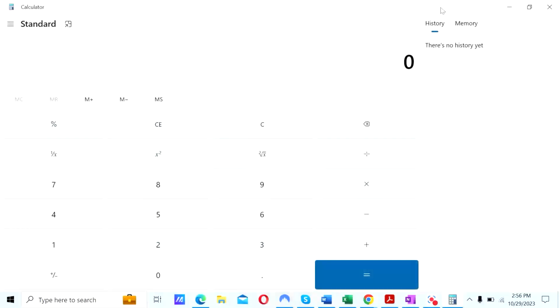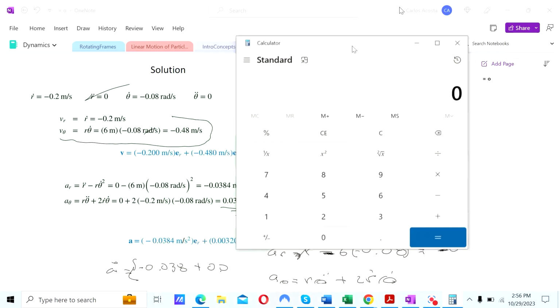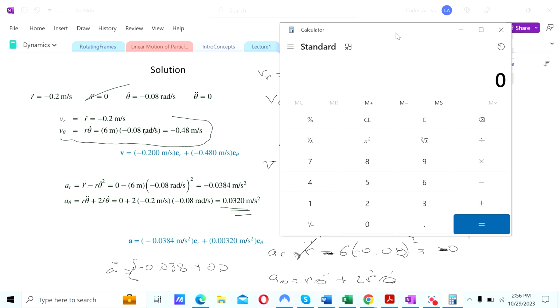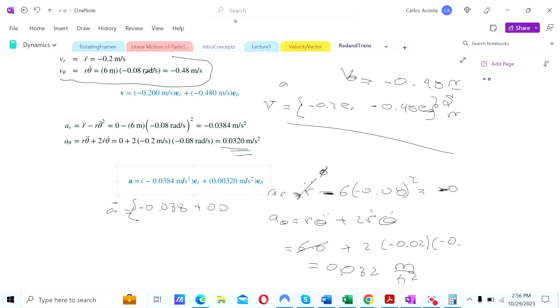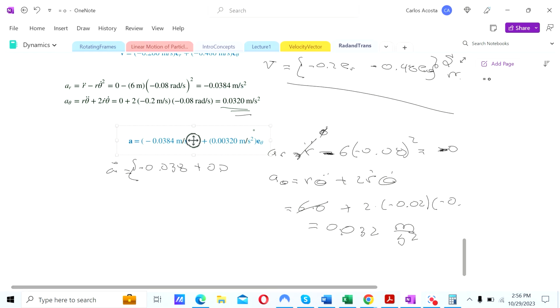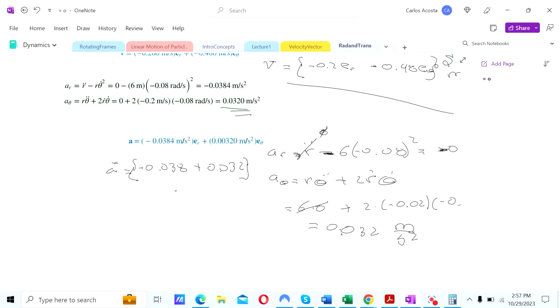Calculator, and our calculator, we want to do 2 times 0.2 times 0.08. Yeah, 0.32. So that's a typo here on the book. This is an example from the book. So it's 0.032. And this is in meters per second.